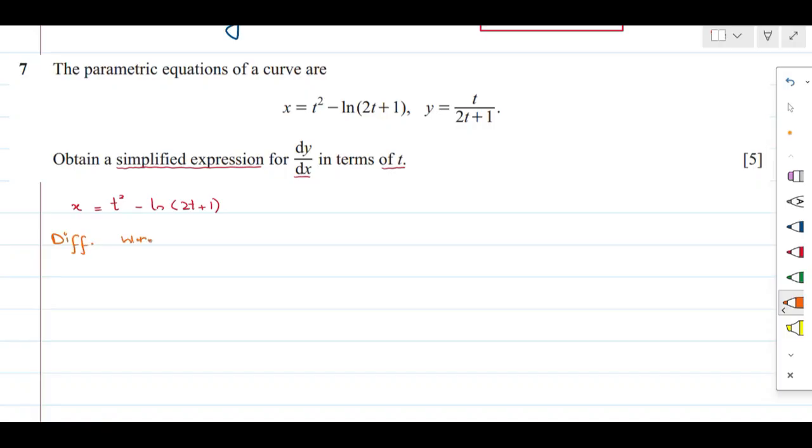So let me do differentiation. dx over dt means d by dt of this x. The derivative of t square is 2t, minus natural log of t, derivative is 1 over that function 2t plus 1, and the derivative of 2t plus 1 is just 2.